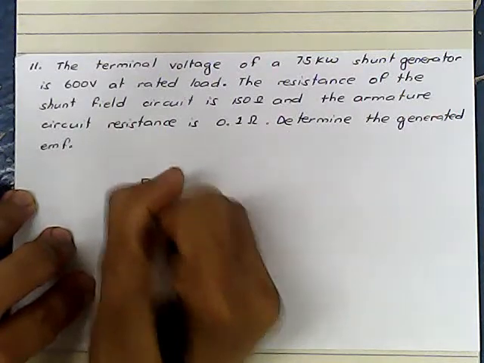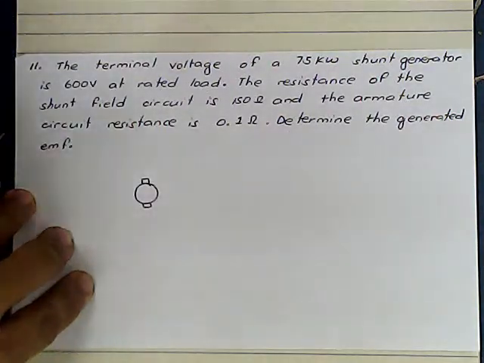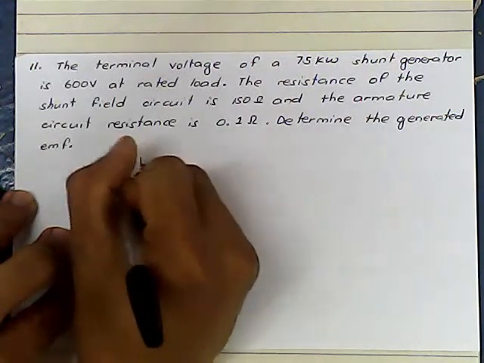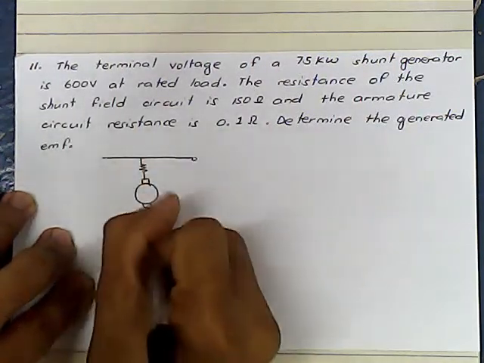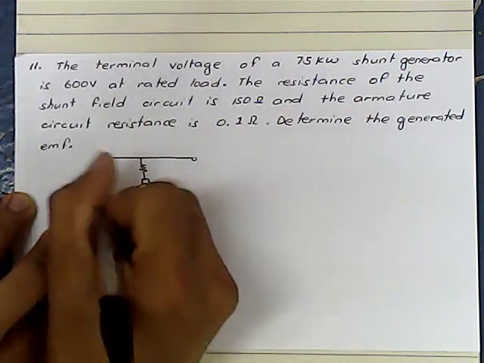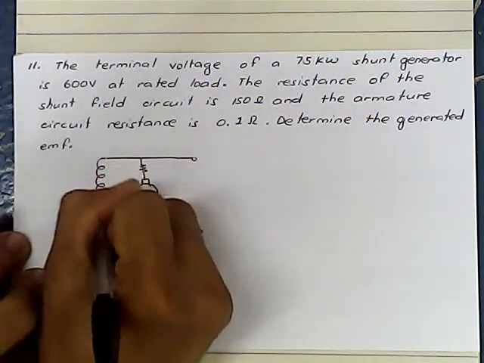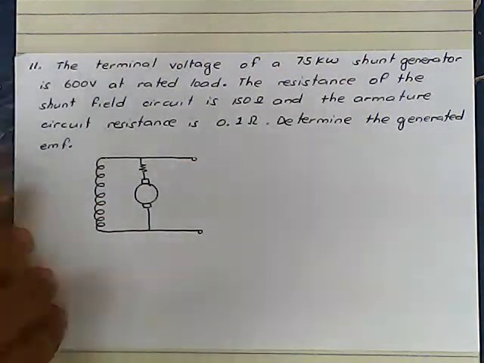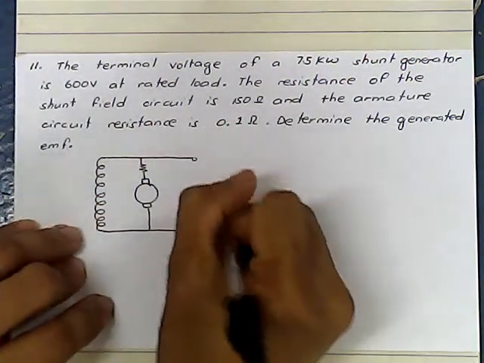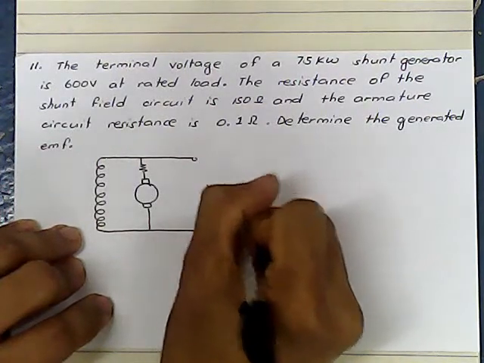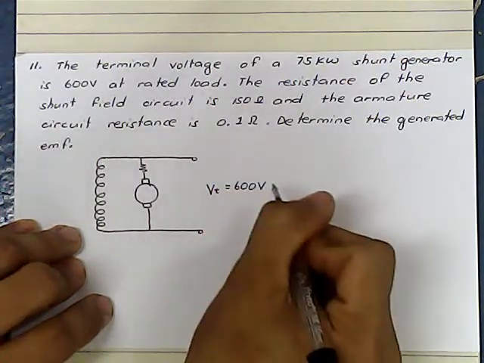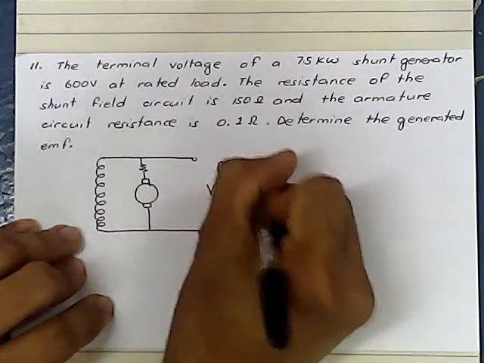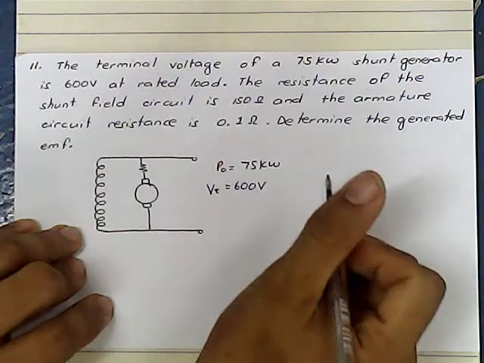Ito, medyo mas magagamit na po natin halos lahat ng ating mga parameters. So, the terminal voltage is given as 600 volts. The power output, PO, is equal to 75 kilowatts.